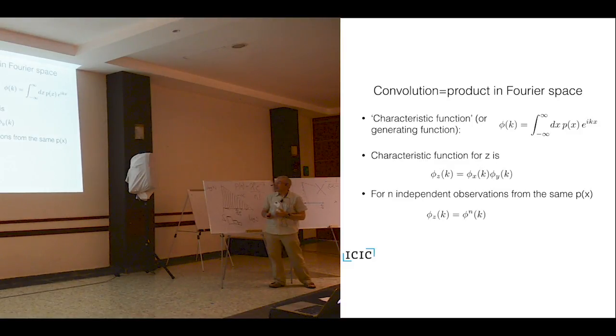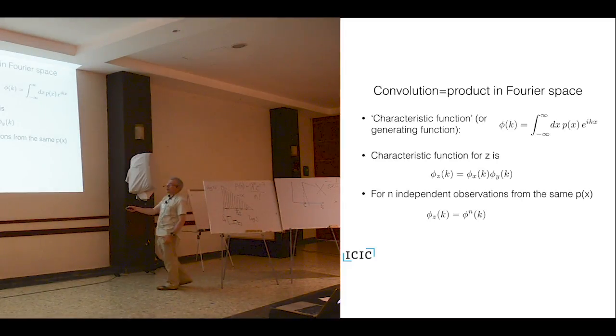Okay, so if the observations are from the same distribution, then these characteristic functions are the same. So we'll just call it phi. And if we make n independent observations, then we can just generalize this to say that the characteristic function for Z is just the nth power of the characteristic function for X. So that in itself can be quite a useful result.